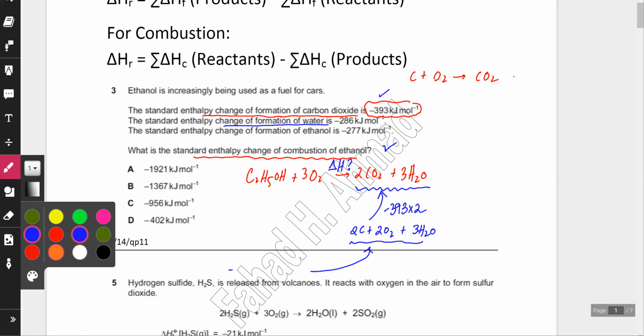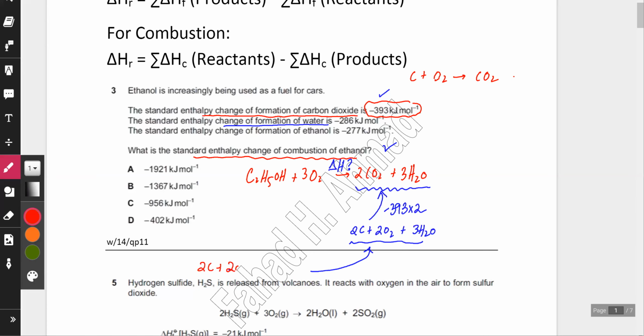It's going to be two carbons plus 2O2. I'm trying to make water over here, so it's going to be 3H2 plus 1.5 O2 molecules. I'll see this is minus 286 times 3.